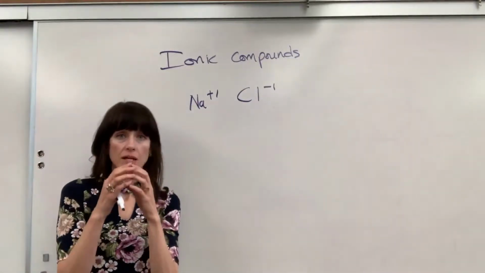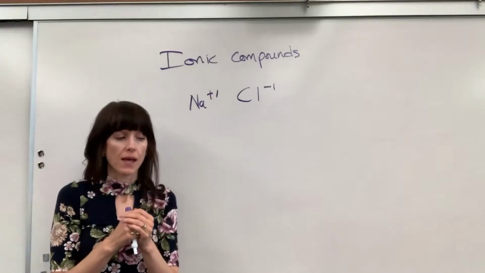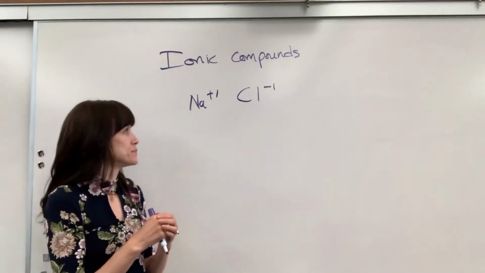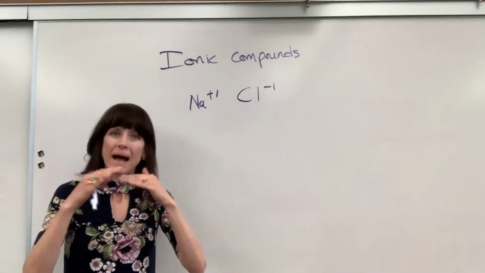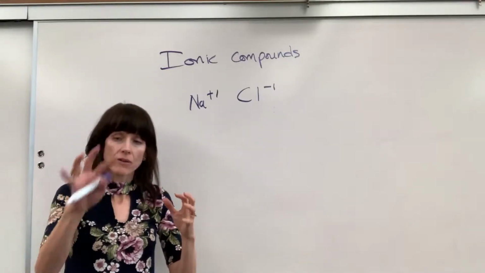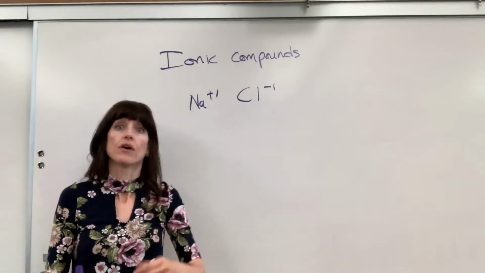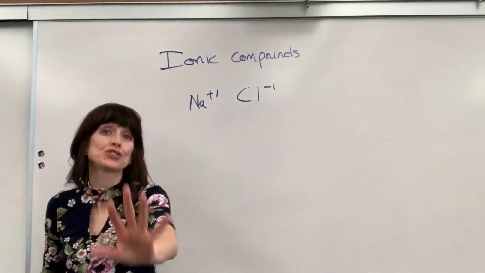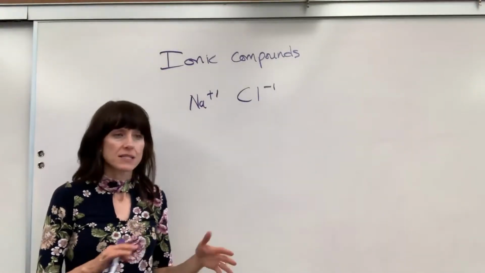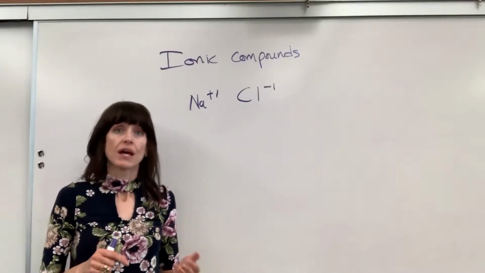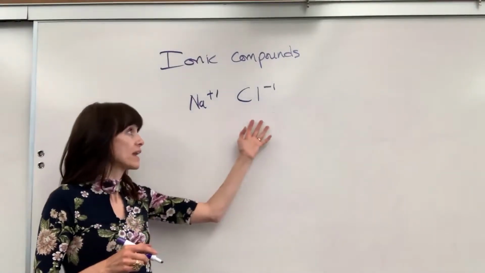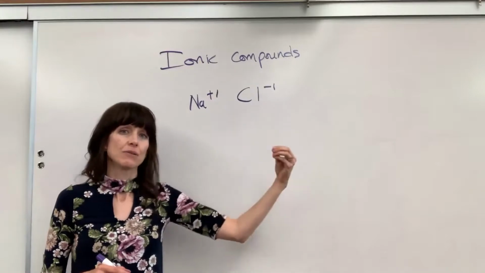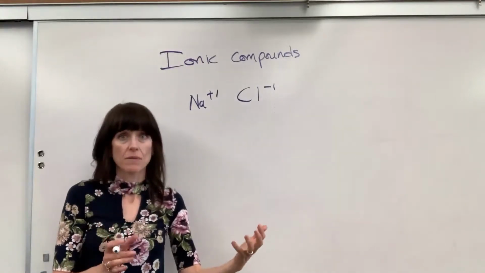Okay, now each of these has a +1, -1. When these ions come together and form an ionic bond, they will always balance out charges, meaning the amount of positive and the amount of negative that you have are going to be equal, so the net charge is always 0. Now here's the trick. A fast, easy way to always figure out how many cations and anions you need to have a net 0 charge on that entire ionic compound.